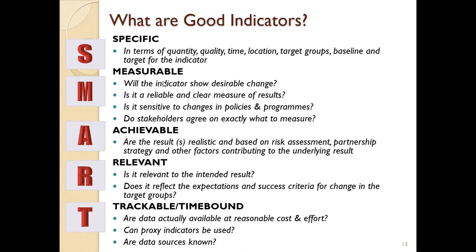Is it relevant? In other words, does the project reflect the expectations or success criteria for change for that particular group, or are they just indicators that would not be achieved at the end of the day? Then, can they be tracked, or are they time bound?